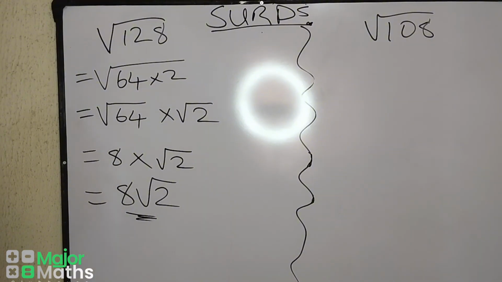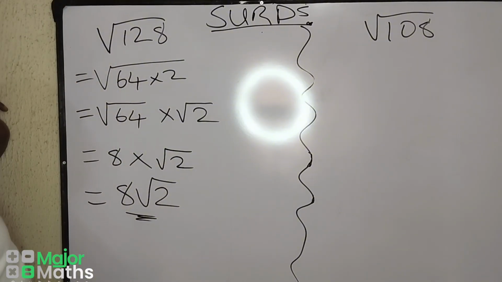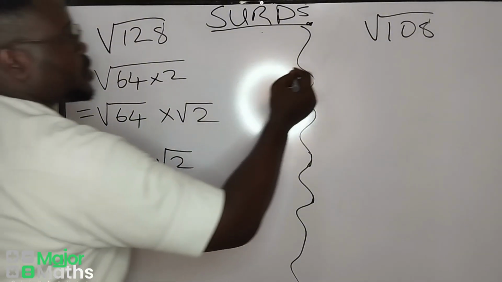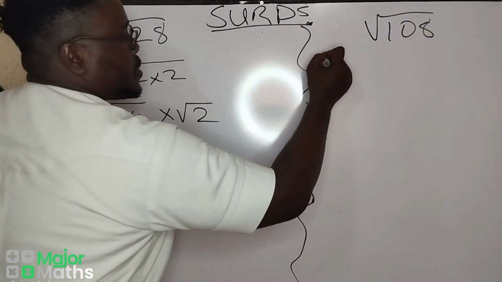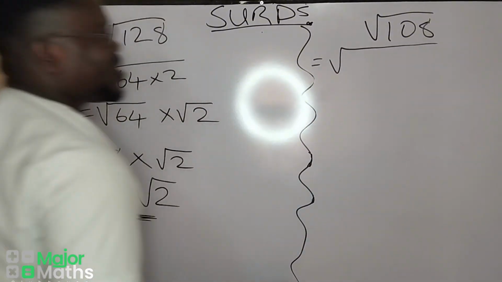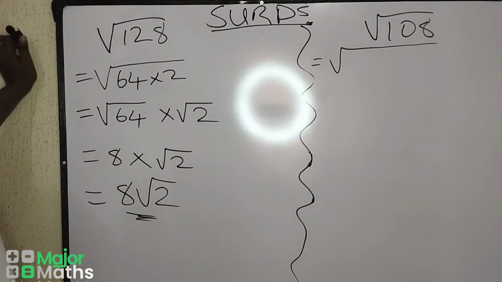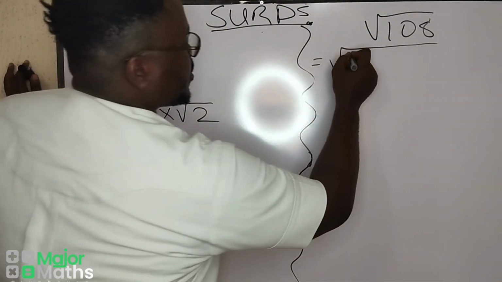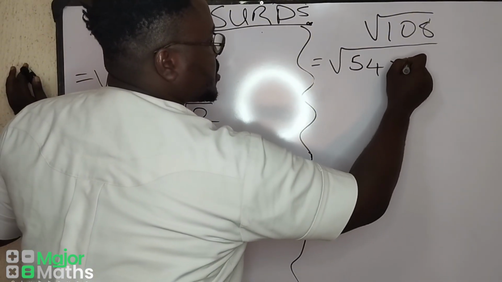Alright, so we go to the next example. Alright, so we have root what? 108. So when we break this, we can do 54 times 2.